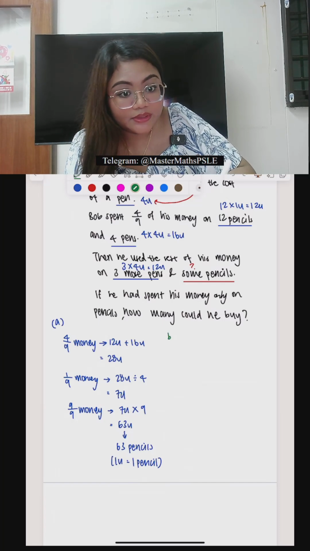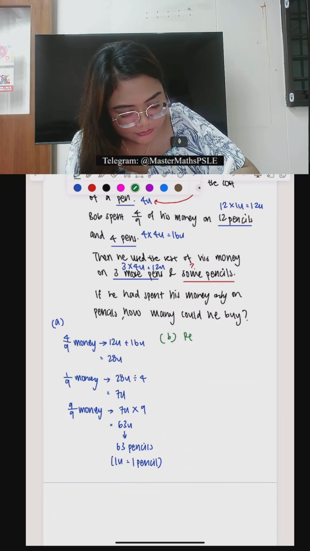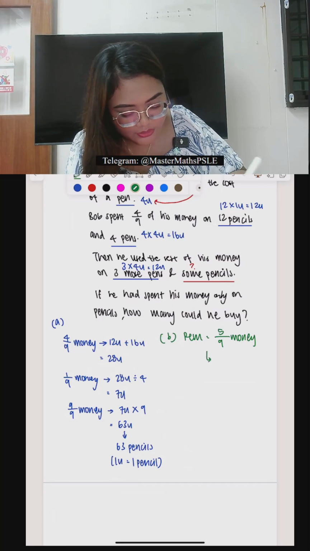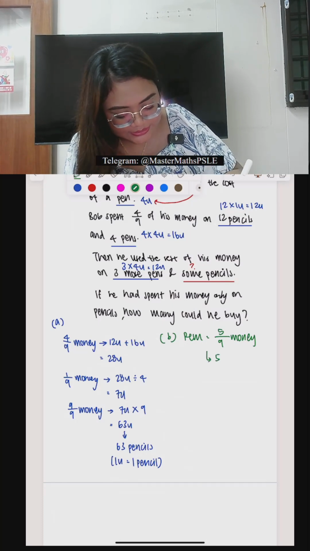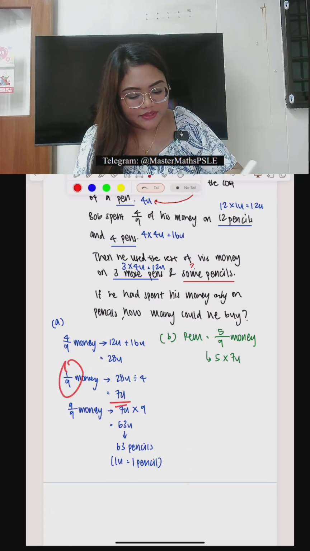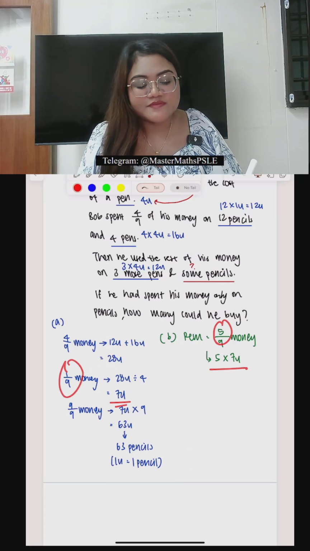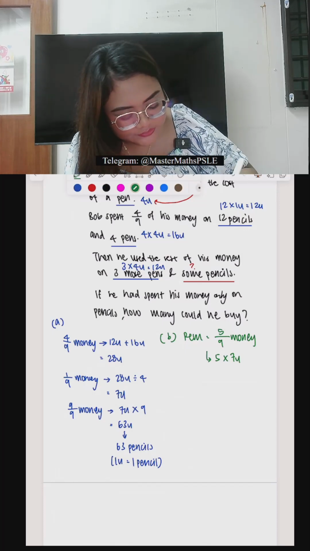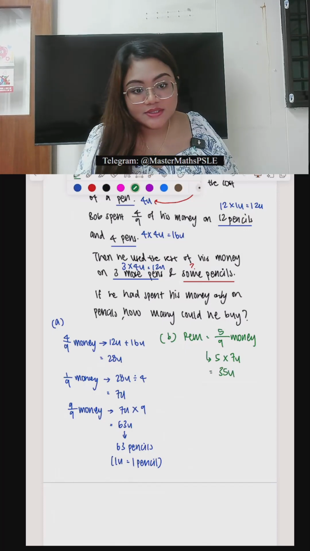The remainder will be 5/9 of the money. And that will be 5 times 7 units. 1/9 is 7. 5/9 is 5 times 7. Okay, so that's 35 units.